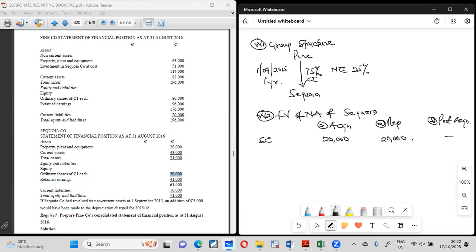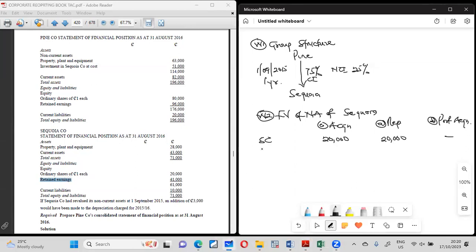So here, focus on the equity part of the subsidiary. After the stated capital, what else do we see? The next thing we see there is retained earnings.